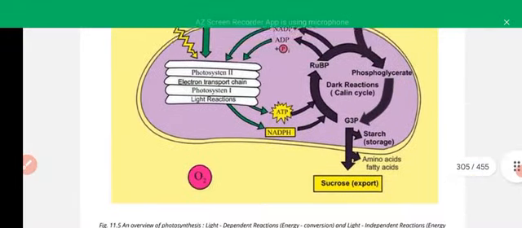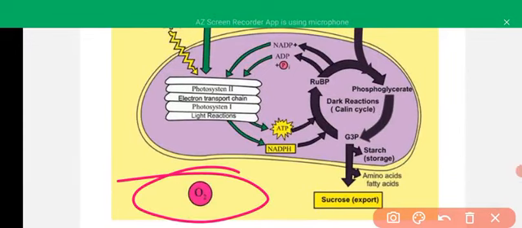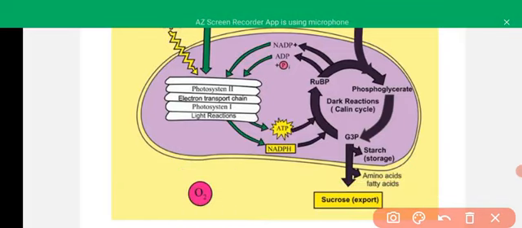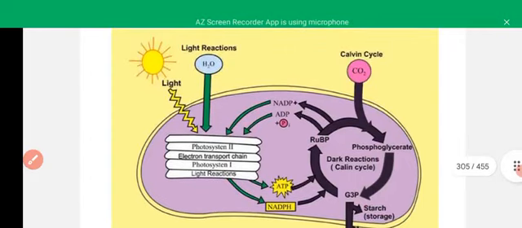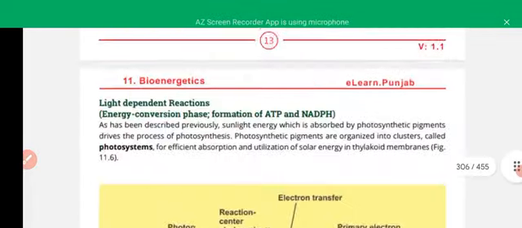Oxygen is released into the atmosphere. Sucrose, glucose and carbohydrates are formed, and other amino acids and fatty acids are also formed. Carbon dioxide is used in the Calvin cycle.